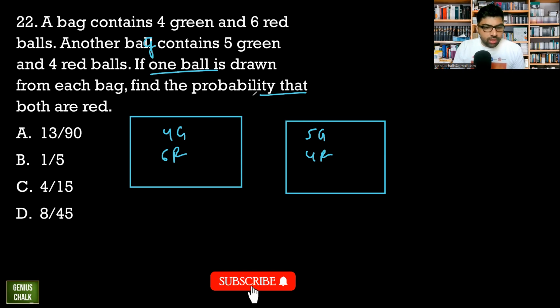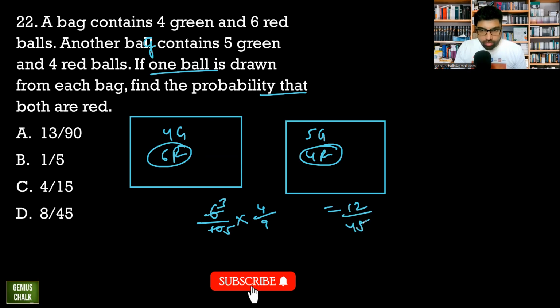So red ball from the first, it will be 6 by 10. Red ball from the second, it will be 4 by 9. So just solve them. 3 by 5, so this must be 12 by 45. And 12 by 45 is 4 by 15. This is option C.